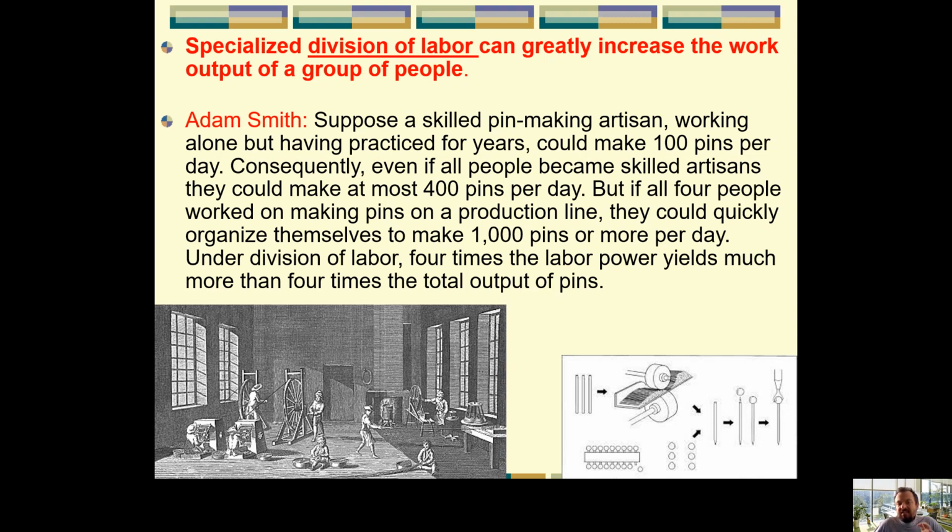So this is a clear explanation of the positive effect of division of labor and how division of labor can increase the work output of a group of people.